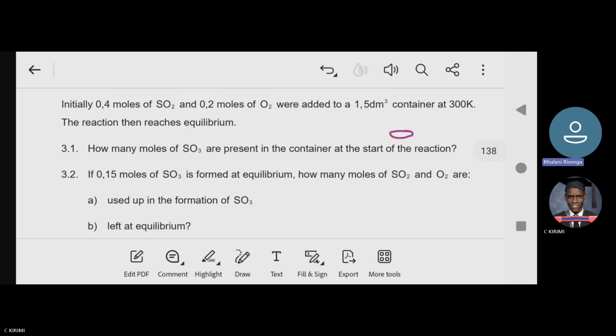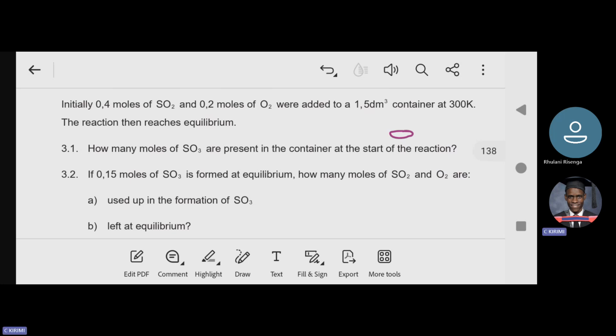So we want the moles. The question is saying 0.515 moles of sulfur trioxide is formed at equilibrium.